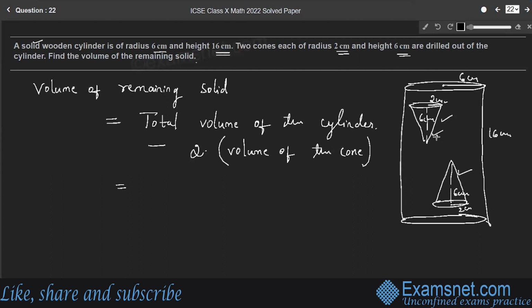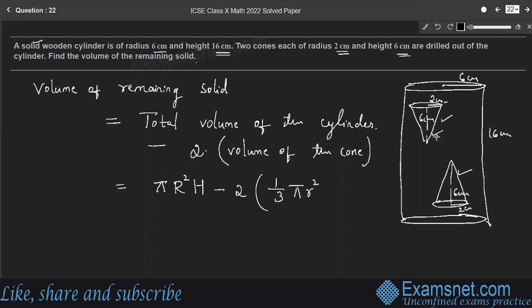So what is volume of the cylinder? The formula says it is pi into radius square into height. We'll consider R as radius of the cylinder, pi R square H, minus 2 times volume of the cone, which is 1 by 3 pi r square h.